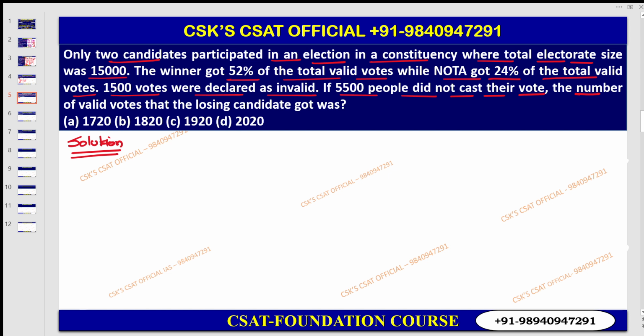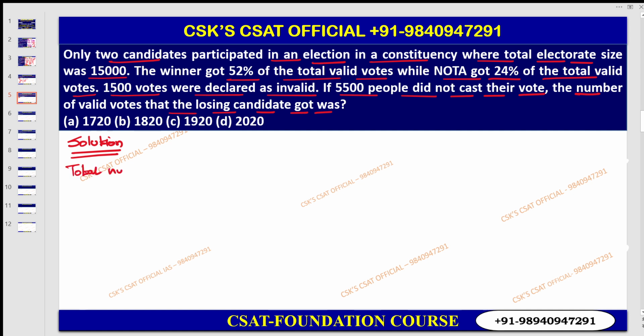The question asks the number of valid votes that the losing candidate got. It is possible to get a question on the losing candidate, the winning candidate, and the difference between winning and losing. This kind of question plays a very crucial role in an examination. You must focus on these things also. Read once or twice, then you can easily get that data.